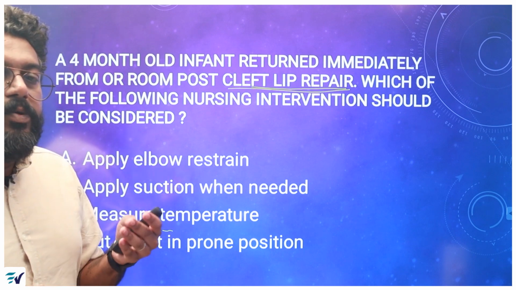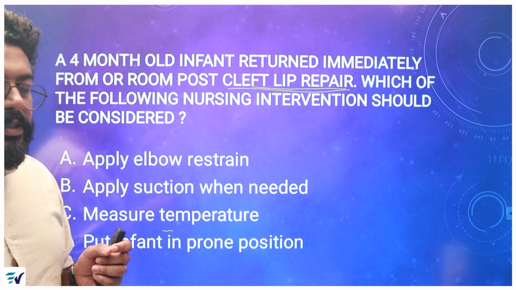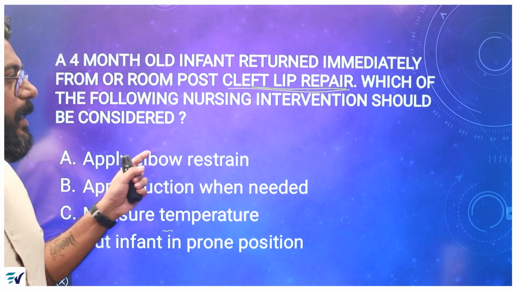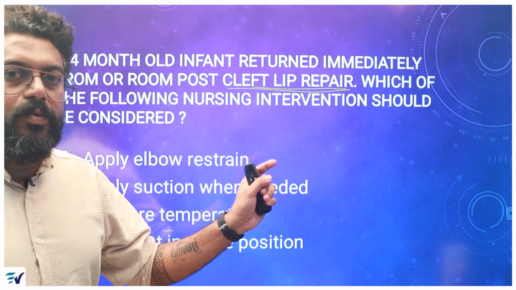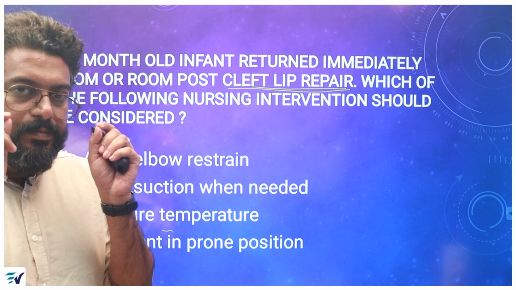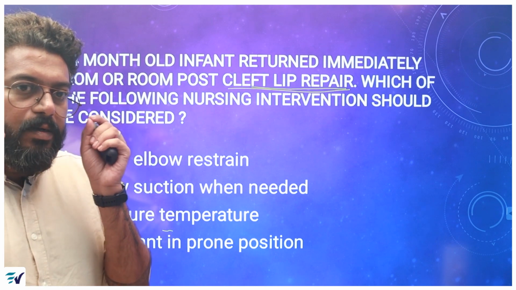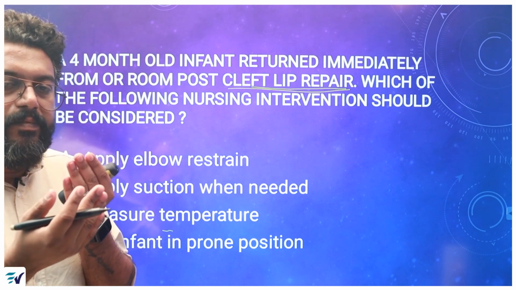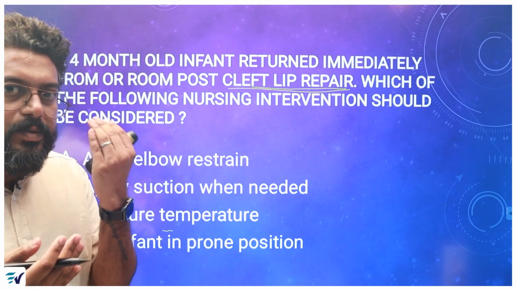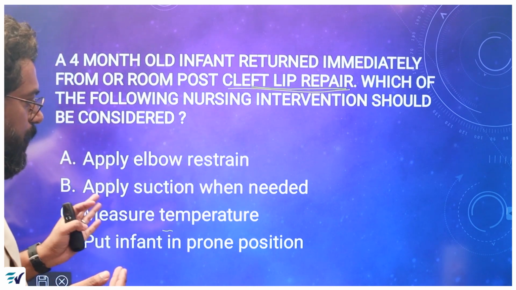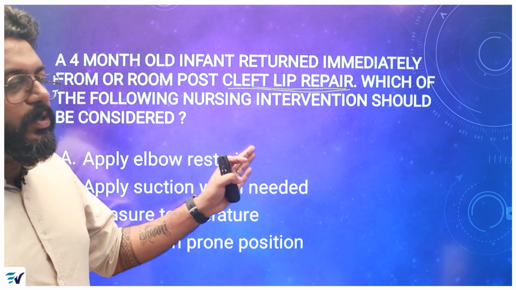So the most important thing to prevent unwanted touching is to apply elbow restraints. Or there is another device known as Logan bow, which is a metallic clip. You will apply it around the surgical site, so that whenever the hand comes in touch, it will touch only that metal clip, which is known as Logan bow. So here the option is apply elbow restraints.